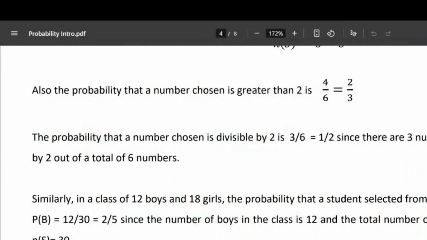Probability that the number is divisible by 2. How many numbers are divisible by 2? We have 2 itself, we have 4, and we have 6. So there are 3 numbers that are divisible by 2 over the total number of numbers, which is 6. And that gives you half, or 1 over 2.